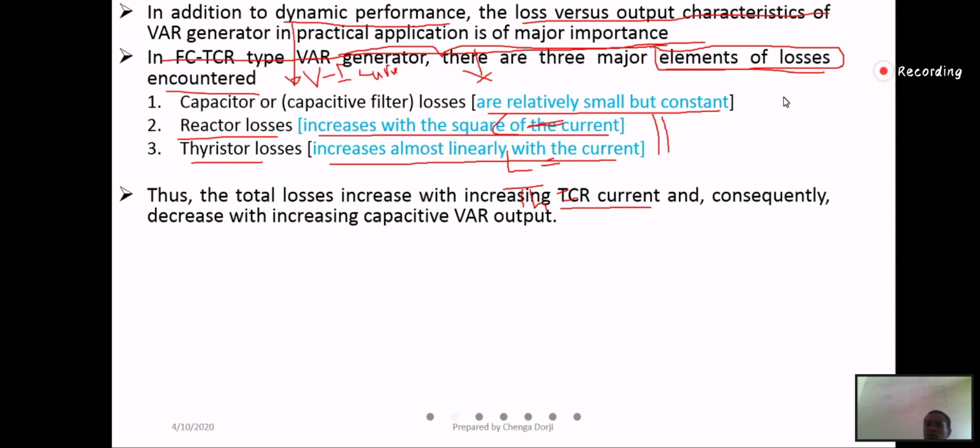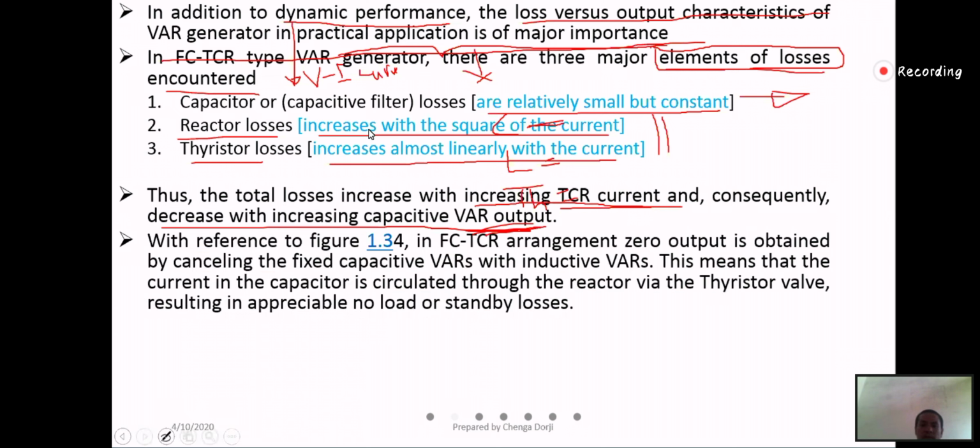The capacitor loss is constant, so you can neglect it. So thus the total losses increase with increasing TCR current and decrease with increasing capacitive VAR output. So it decreases with increase in capacitive VAR output.